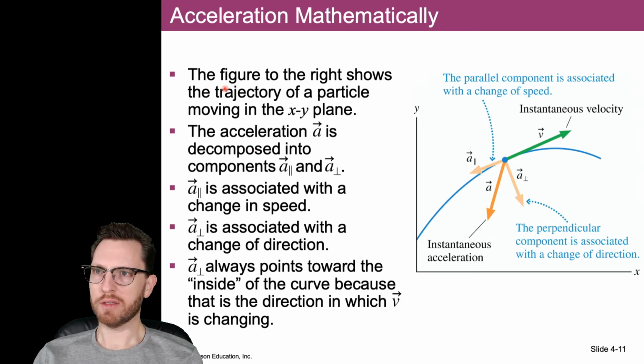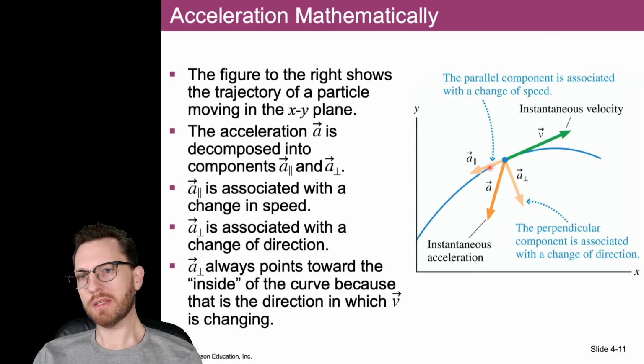What does it look like? The figure to the right shows the trajectory of a particle moving in the xy plane. Here this velocity vector is drawn at this specific point and represents the instantaneous velocity of this object, and vector A represents the instantaneous acceleration. We can decompose that acceleration into components that are parallel and perpendicular to the velocity.